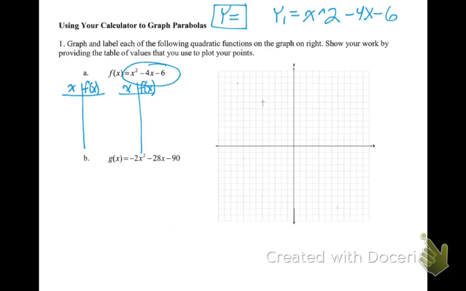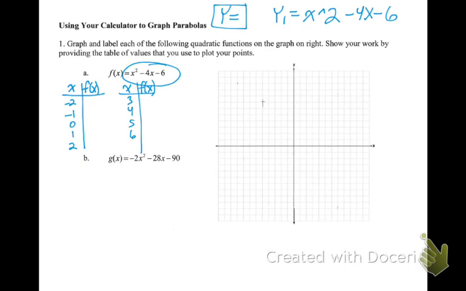Noticing if I scroll up and down in my table, negative 2 comma positive 6 is my first point that I can plot. So I'm going to copy down the table from negative 2, and if I scroll down in my table, I'll notice that I can go all the way up to positive 6. Okay, so I'm going to plot all those points.